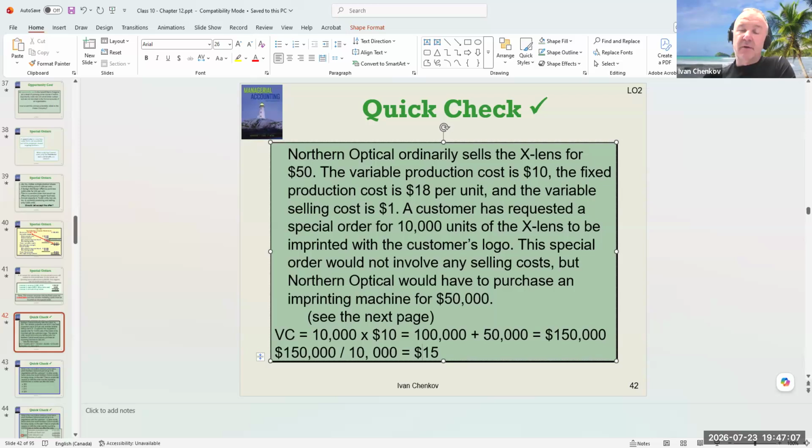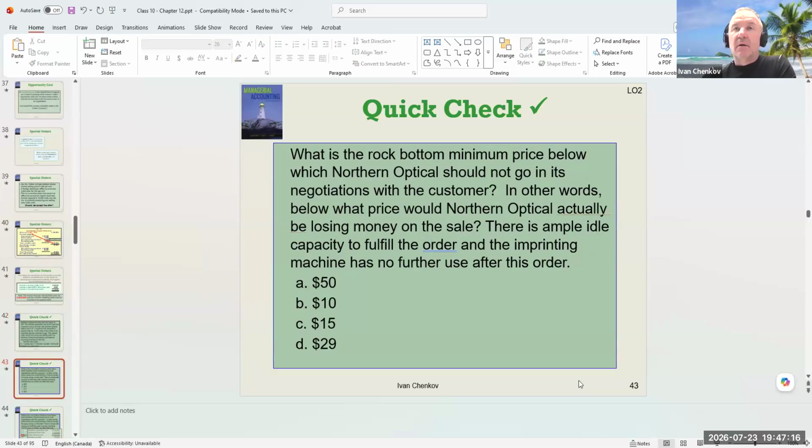In that case, the question asks, what will be the minimum price? The minimum price below which we should not go in the negotiation with these customers, the point where we start losing money? Obviously, that will be $15, right? We can go with $50, but $15 will be the rock bottom. On $15, we are at break even.